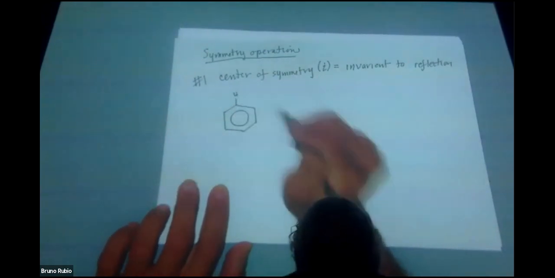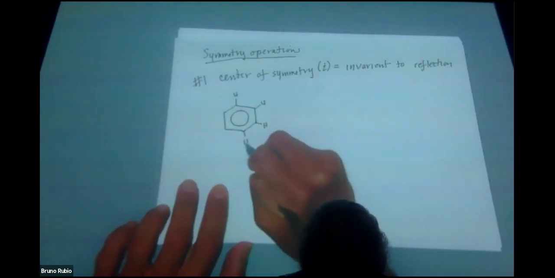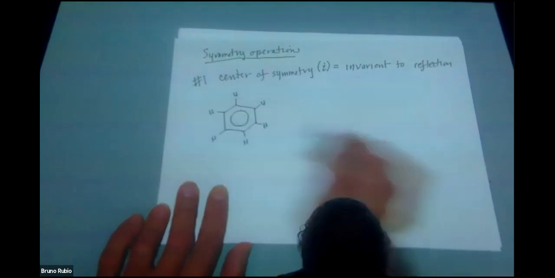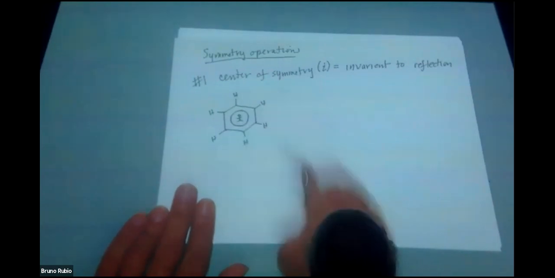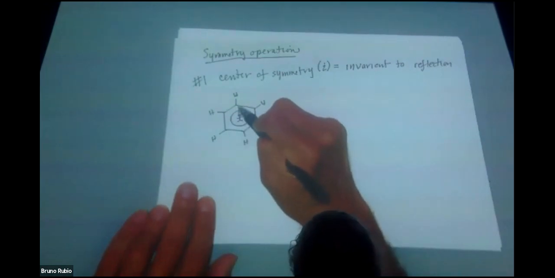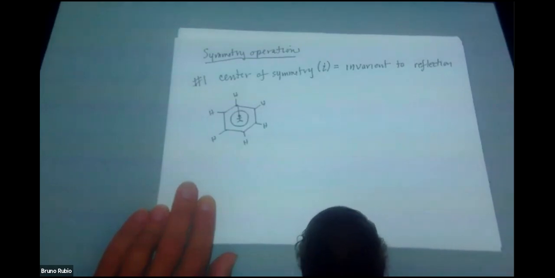Okay, and so now I'm going to decorate this benzene with hydrogen, and I'm going to look for a center of symmetry. I'm standing here in the center of the molecule. I'm going to look up. I hit a carbon atom. Now I'm going to look in the exact opposite direction, same distance.